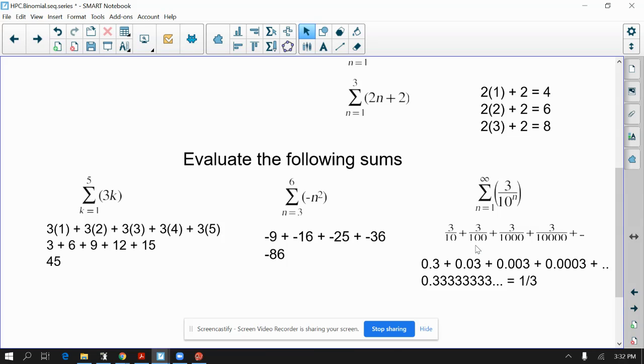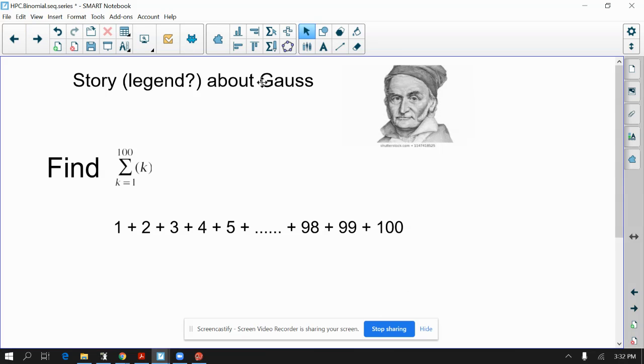So if you ever want to lose friends or win some money on a bet, you can approach someone and say, I bet you I can add an infinite amount of numbers, all positive, and still get an answer under 1. And most people would say that's impossible, but you could just say, well, 3/10 plus 3/100ths plus 3/1000ths plus etc. equals just 0.33333, and that's just 1/3. So pay up.